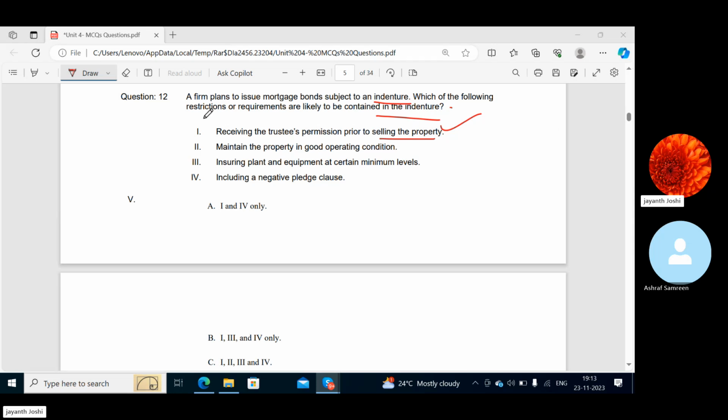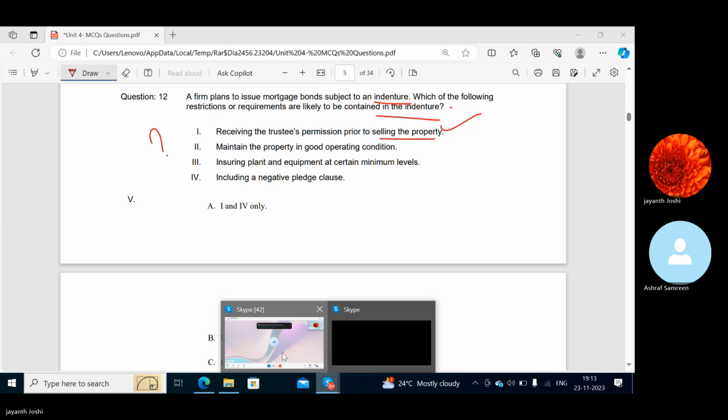A firm plans to issue mortgage bonds subject to an indenture, right? What do you mean by mortgage bonds? It has some asset backup. If I want to get a loan, I need to mortgage my property with the bank, right?